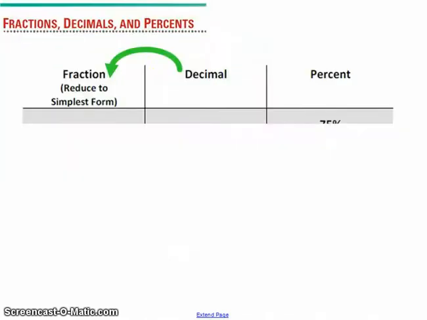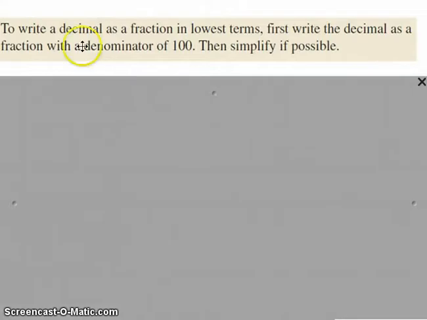Okay, next translation, from decimal to fraction. To write a decimal as a fraction in lowest terms, first write the decimal as a fraction with the denominator of 100. In other words, take the number that you have and put it over 100. Then simplify if possible.